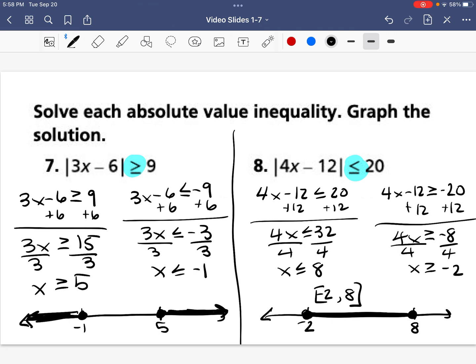This one is a little trickier for an interval. It would start at negative infinity, and then it would go up to 1. And then I would start again at 5 and keep going to positive infinity.